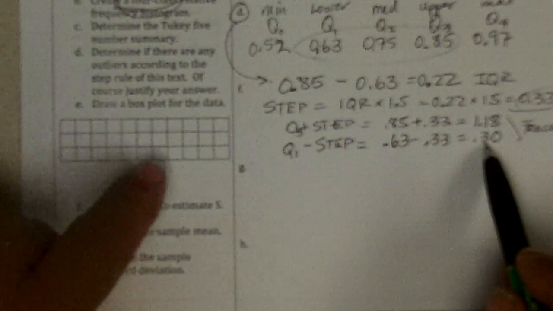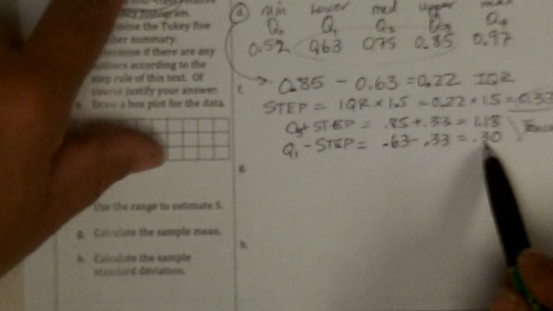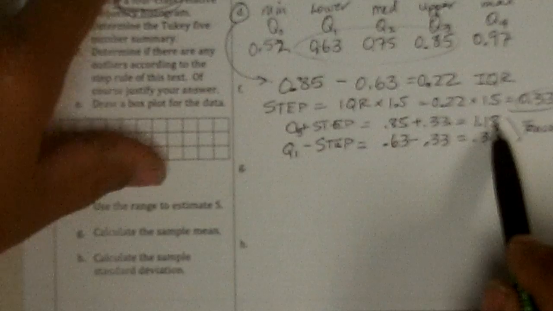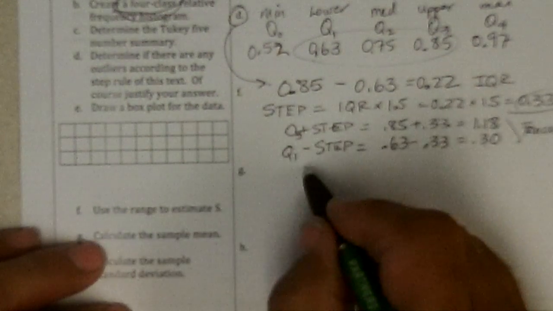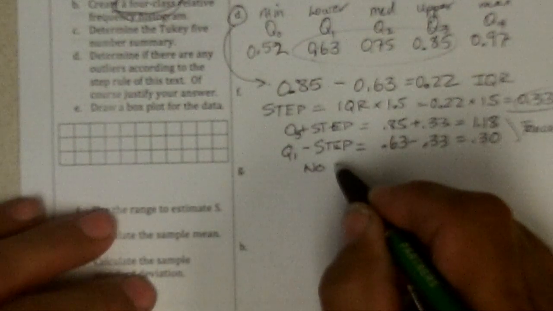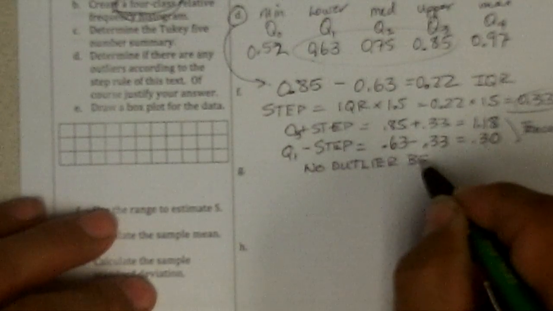And is there any data point lower than the lower fence? Nope. Or above the upper fence? Nope. No outliers beyond the fences.